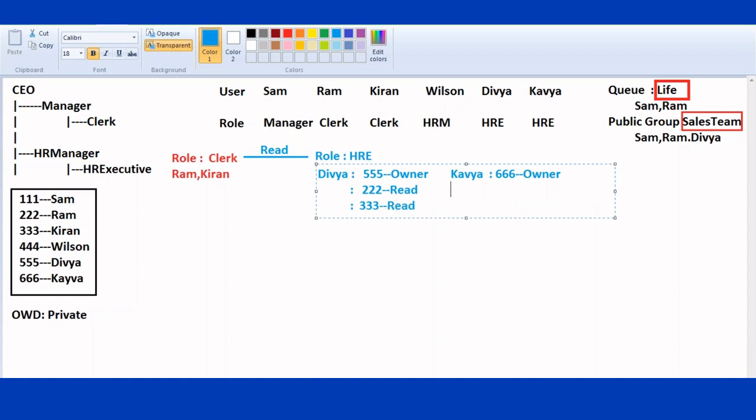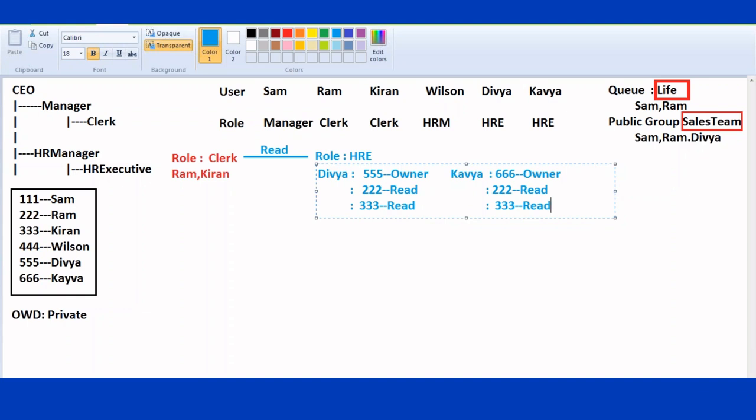So, on 222, now Kavya, because of OWD, was able to see only 666. Because of the sharing rule, now she is getting extra permission on what? 222 and 333.